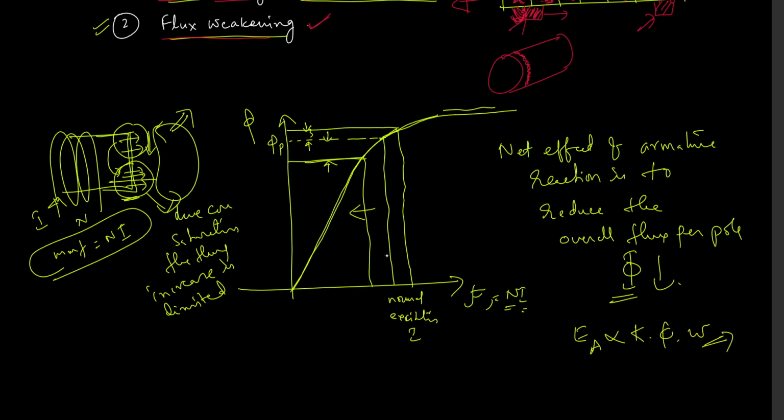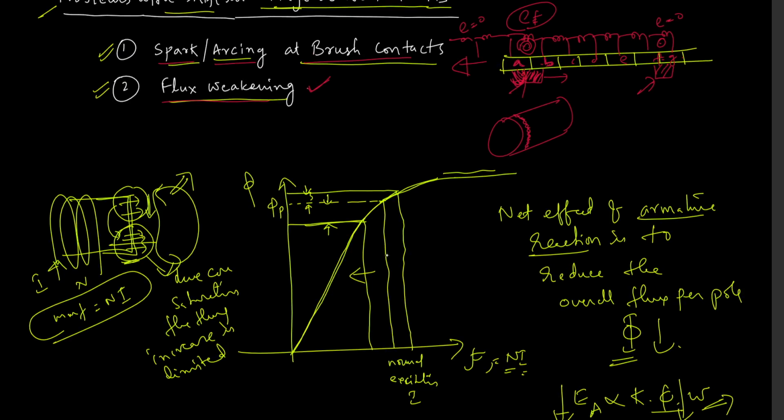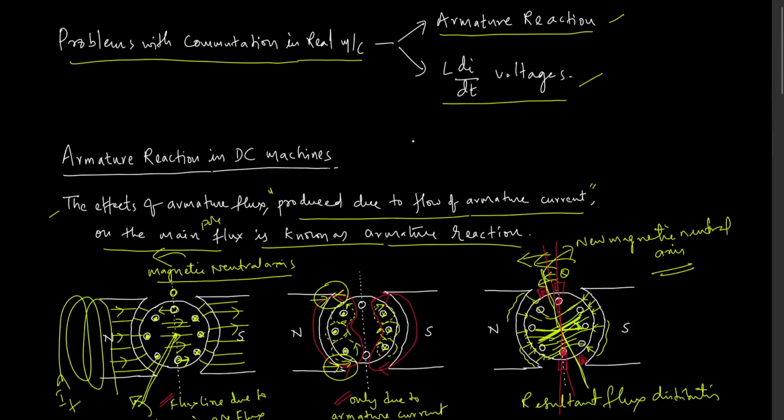Speed is maintained constant, but flux is reducing now, hence the EMF generated by the generator will also reduce. So this is another consequence of armature reaction. One is damaging the commutator due to sparking, and the other is the reduction of the overall EMF induced in the armature. So we have understood the armature reaction to some extent.